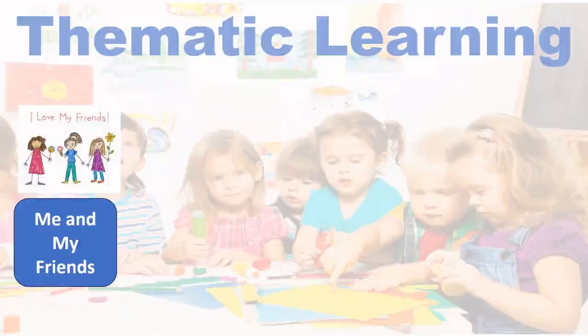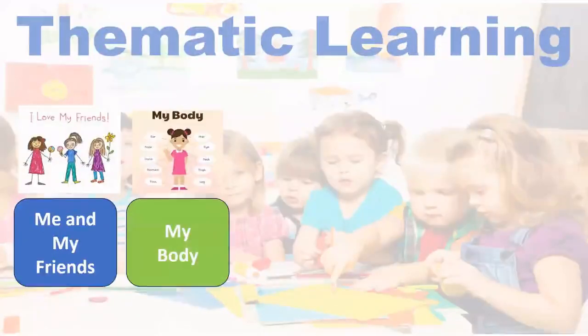If all such things are brought together around that theme, then the child's understanding and skill building process will be much faster, because the child is focused on one concept, one theme, that is called "me and my friends."